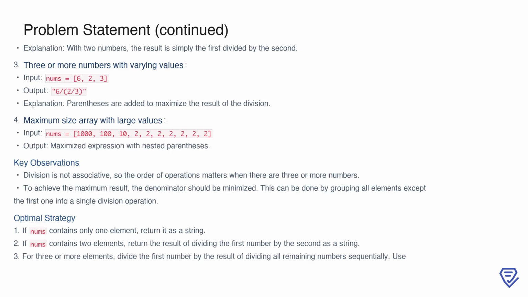Dividing 6 by 0.6667 results in a higher value, around 9. In cases where the array contains the maximum size of 10 numbers, such as 1000, 100, 10, 2, 2, 2, 2, 2, 2, 2, the optimal solution involves grouping all numbers after the first into a single division operation. This ensures that the denominator is minimized as much as possible, leading to the maximum overall result.